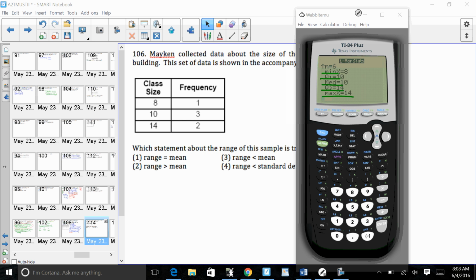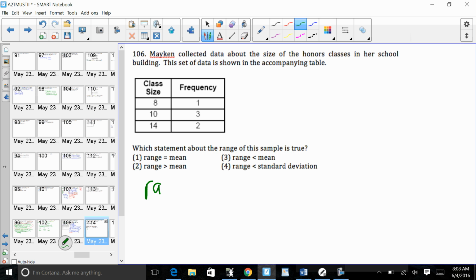So, for this particular question, I need my range. I need my interquartile range, and no, I don't need my interquartile range. I need my range, I need my mean, and I need my standard deviation. Range you need to know is max minus the min.